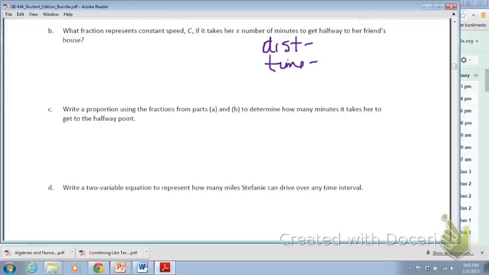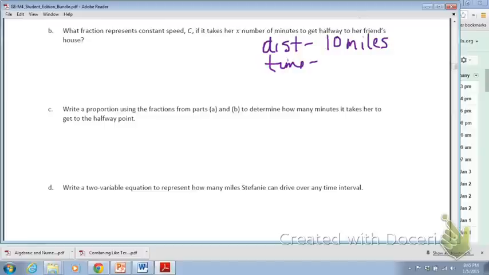The distance is halfway to the friend's house, so that's going to be 10 miles, because the friend's house is 20 miles away.